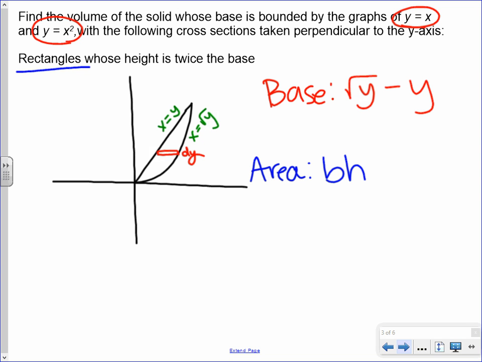Now, our base is radical y minus y. Our height is twice the base. So here's our base, and then our height is double that.